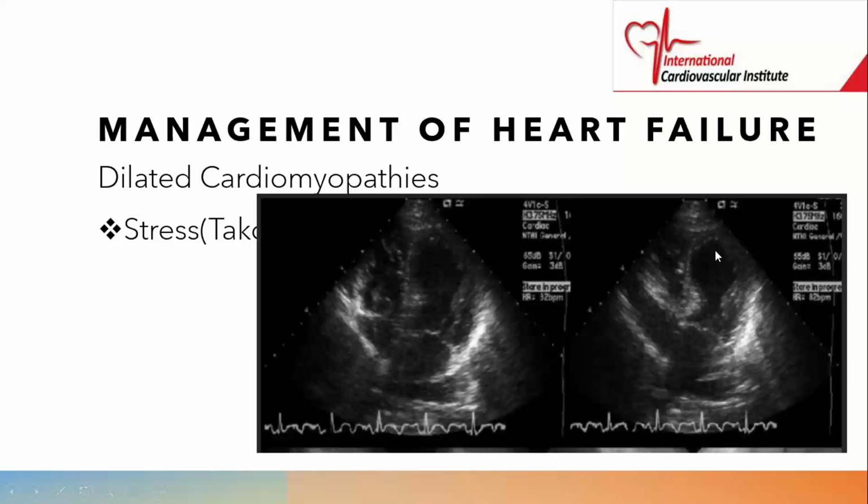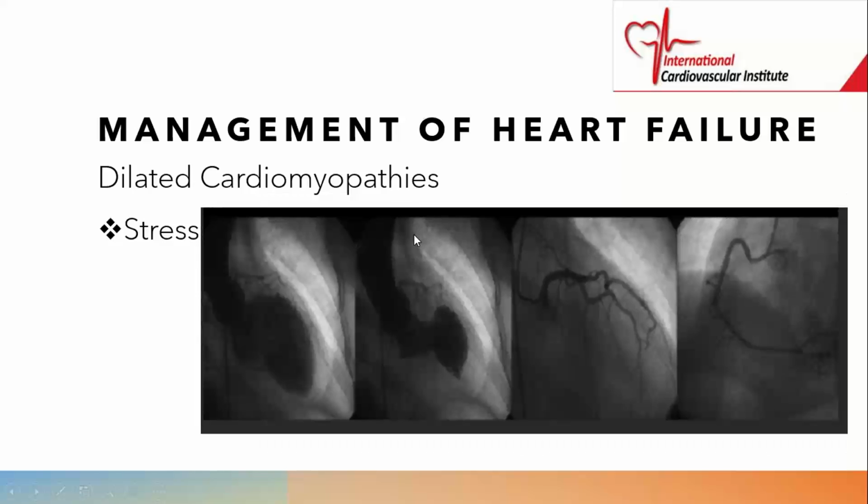But apical ballooning, the stress cardiomyopathy, is going to be on your exam, in all types of exams. Okay, so again, when we do the cardiac catheterization, you get the apical ballooning with the left ventricular gram, and then when you shoot the coronaries, the blood vessels around the heart, there is no blockage.